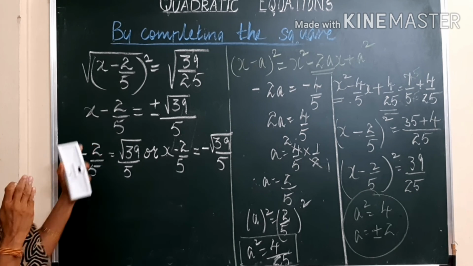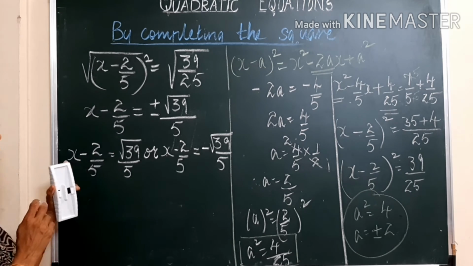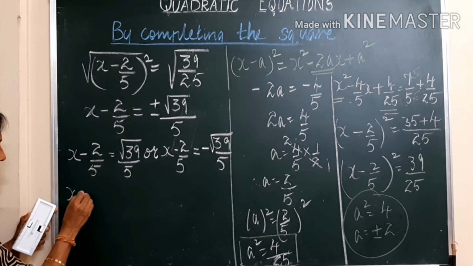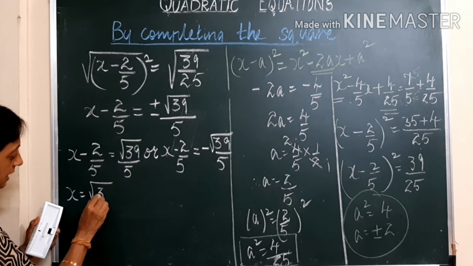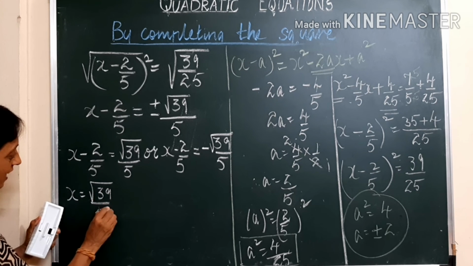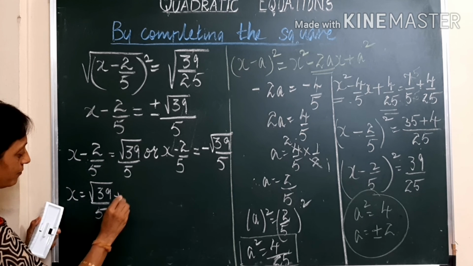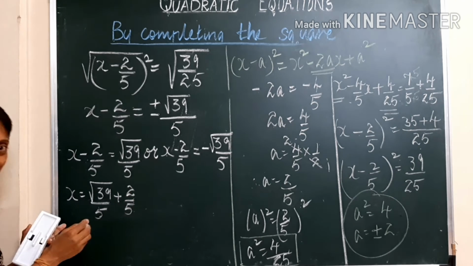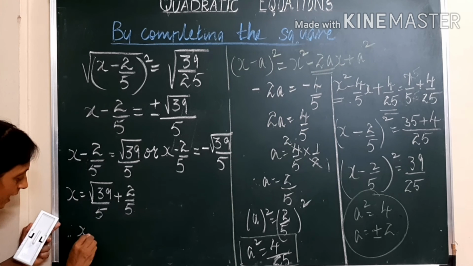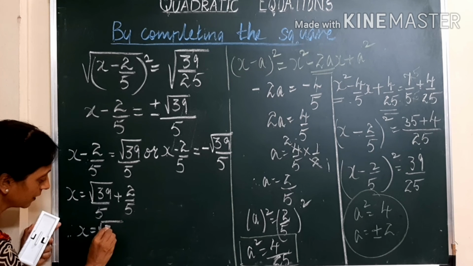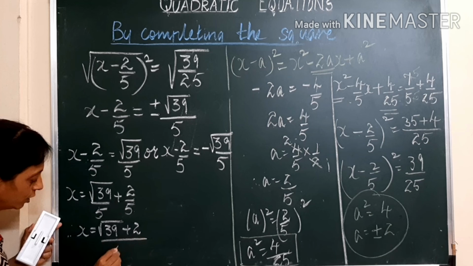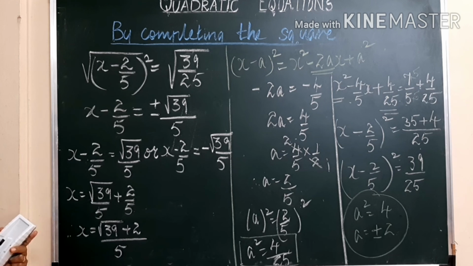Minus 2 upon 5 goes on the other side because finally we have to get the value of only x. So x will be equal to root of 39 upon 5, minus 2 upon 5 becomes plus 2 upon 5. Denominators are the same, so therefore x will be equal to root 39 plus 2 upon a common denominator, that is 5.